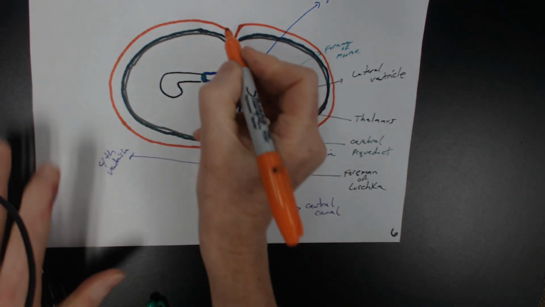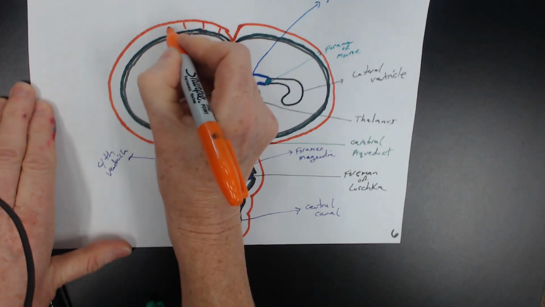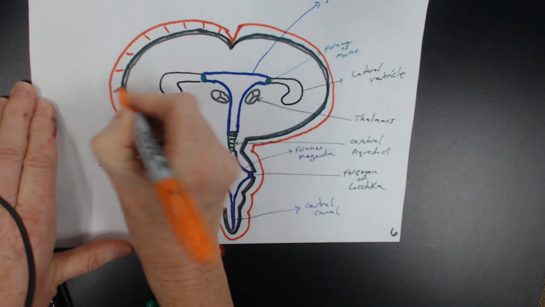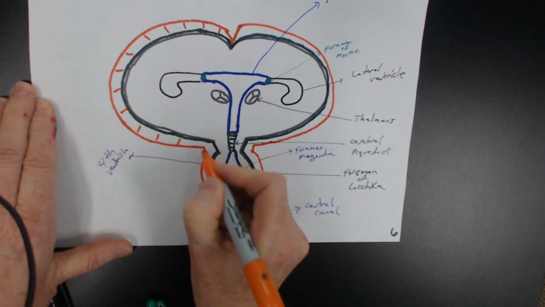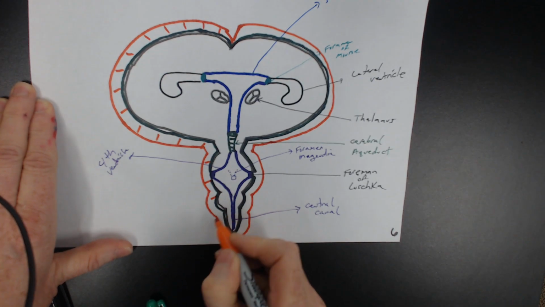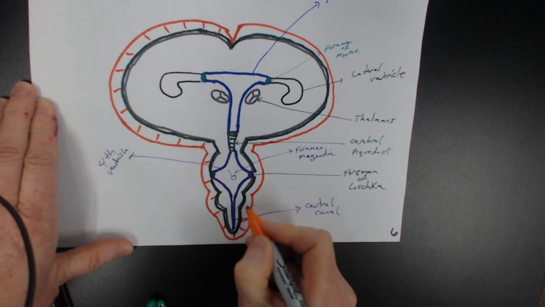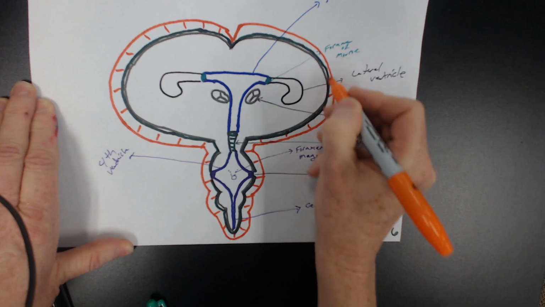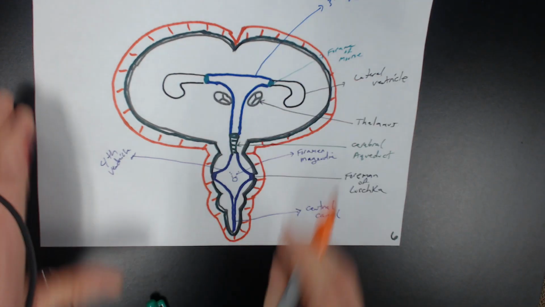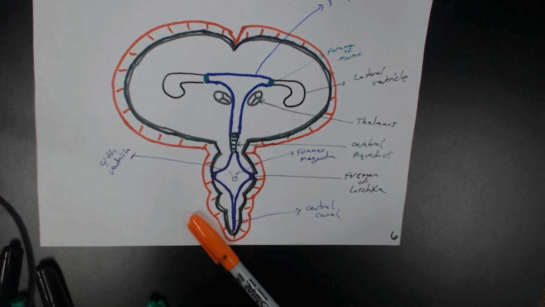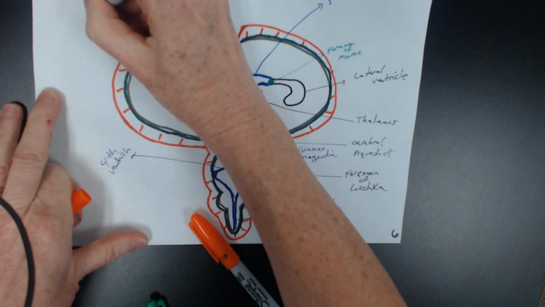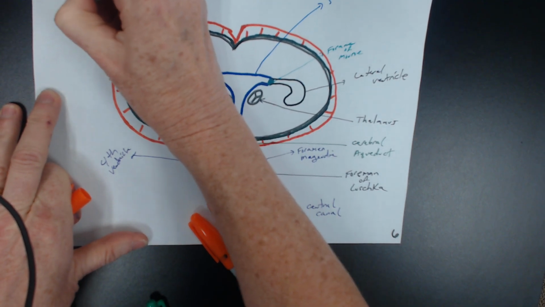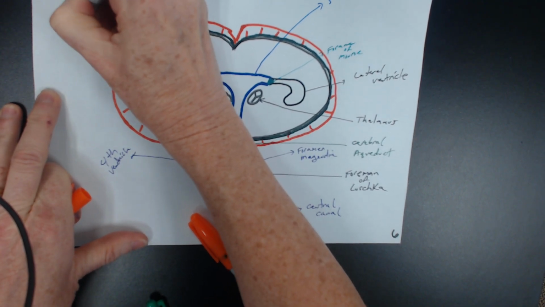Okay, and maintaining that subarachnoid space, you're going to have your trabeculae. We talked about those several times. Okay, so this orange has been consistent today. This is going to be your arachnoid matter.